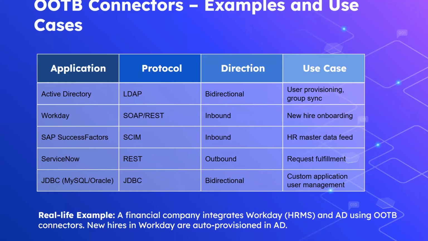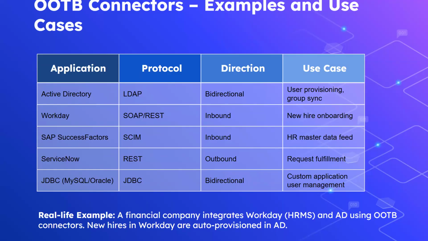So, for example, real life. Okay, let me understand this chart. You've got several applications: AD, Workday, SAP, ServiceNow, JDBC, etc. These are the different protocols they use to connect with SailPoint, good for the configuration. Bidirectional means that data can go in and out of that application, into SailPoint and out of SailPoint both.